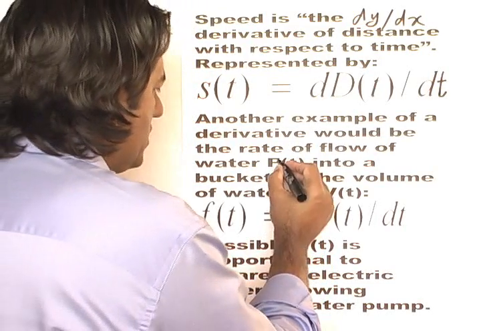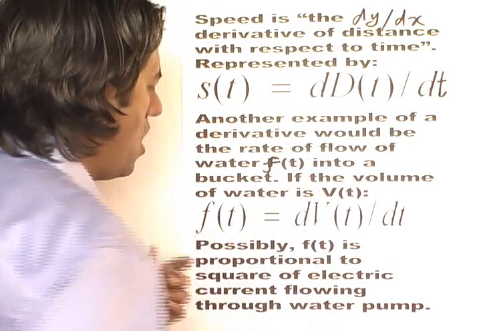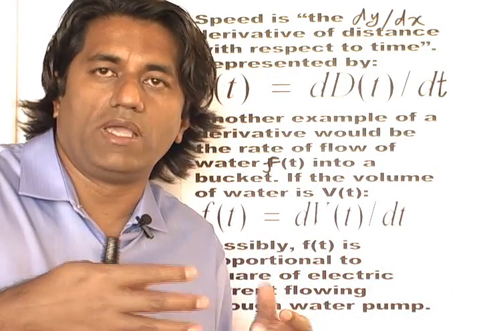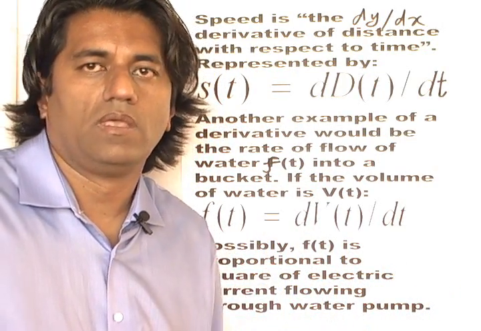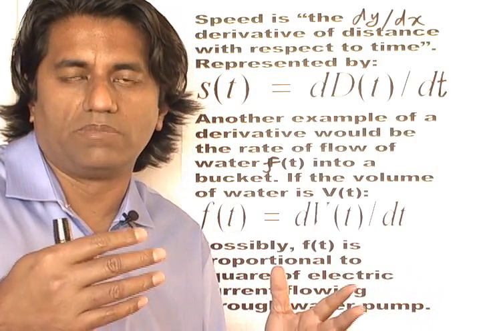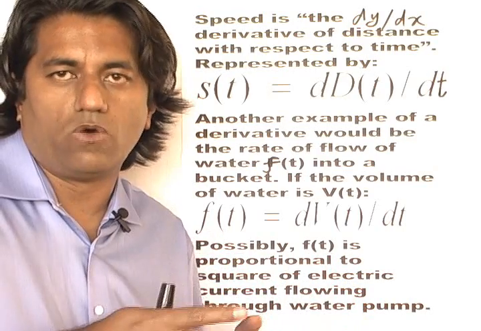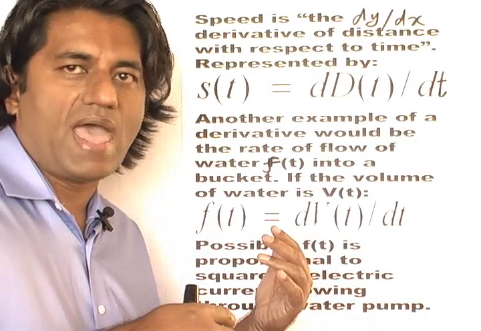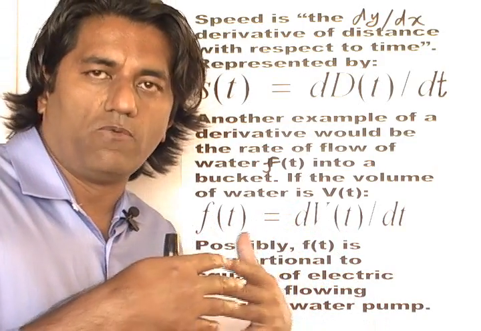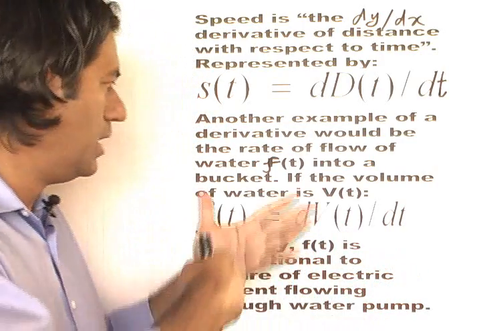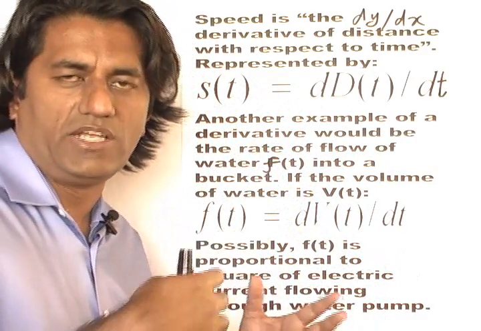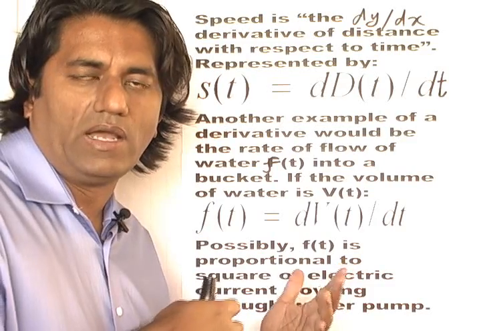Well, we may be interested in F(t) because it could be proportional to the current flowing through the water pump. The square of the current flowing through the water pump determines the power of the water pump, and that could be proportional to the rate of water flowing into the bucket. Okay, so there can be various relationships in nature where derivatives enter.